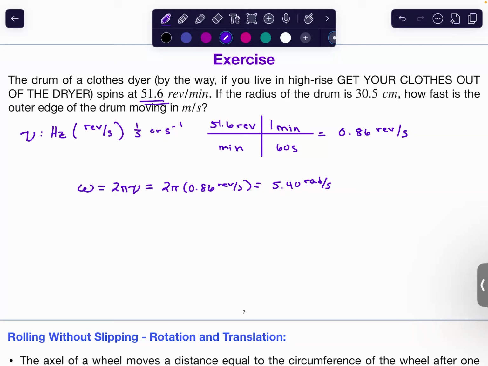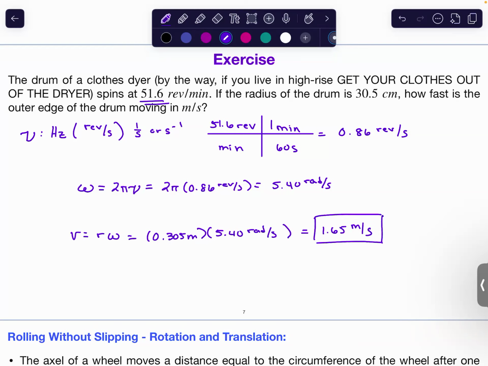So then we know that linear velocity is r times omega. And this will end up giving you a linear velocity of 1.65 meters per second.